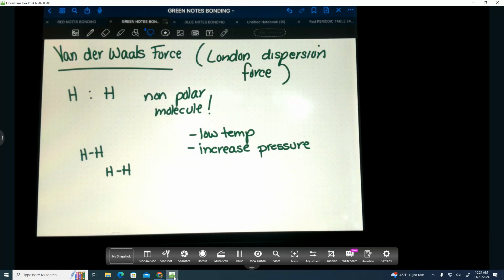Okay? So if I want these particles to be close to each other, think about if you got really cold and I locked you in a freezer, which would be terrible. But I locked all of you in a freezer. What do you think would start to happen? Before you get hypothermia, what would happen? You would start to get smaller and smaller, try to conserve your heat, right?